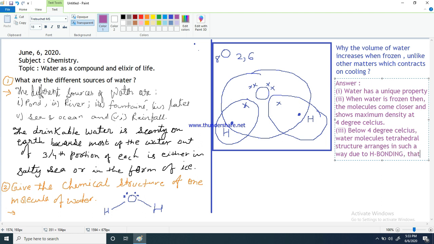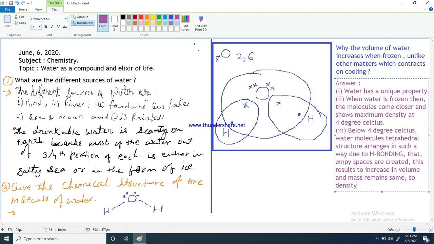that empty spaces are caused or created. This results in an increase in volume while the mass remains the same.